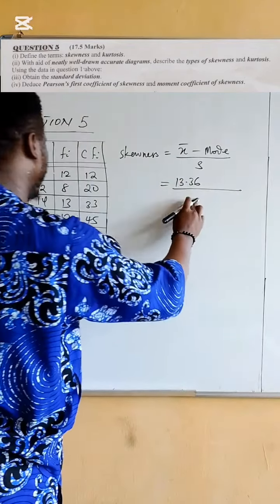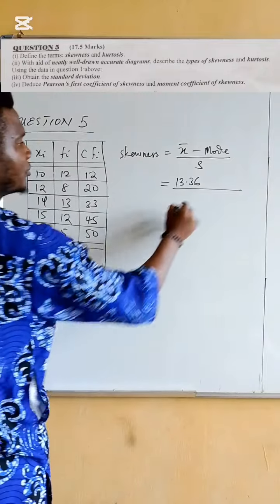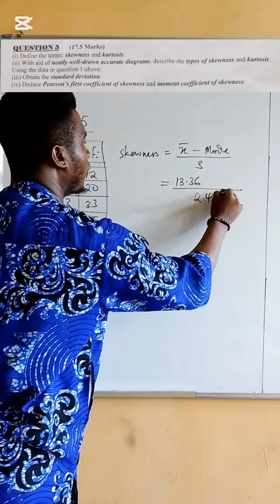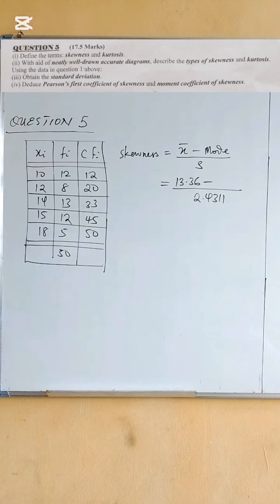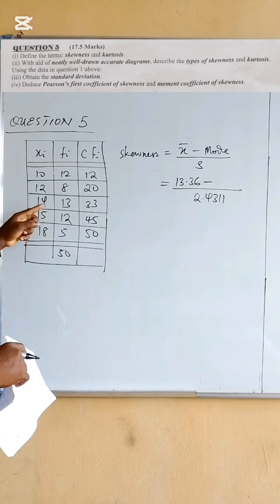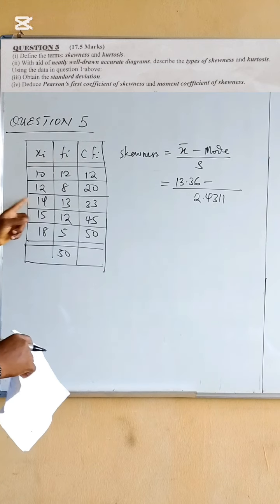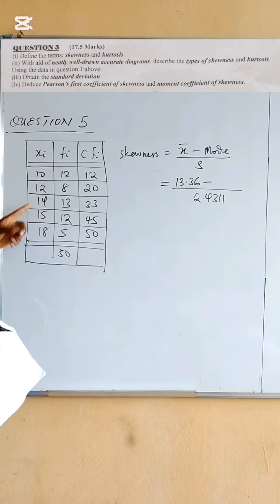And our standard deviation, we got it to be what? 2.4311. Minus, now, let's come over to the table and get our mode. The mode is the data entry that has the largest frequency. Looking at all these data entries, 10, 12, 14, 15, 18, the one that has the largest frequency of 13 is 14. So 14 is our mode.